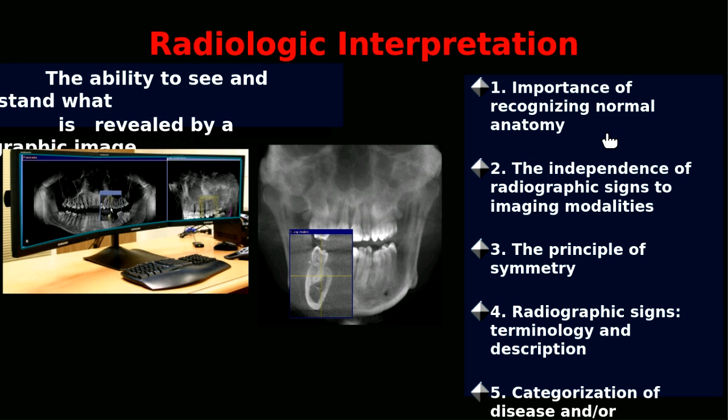If there are any previous images, please use them too. And also follow the symmetry. If the left side is not matching the right side, then something is wrong in the radiograph. So make sure everything is matching. If you see any irregularity or abnormality, then find where the problem is.